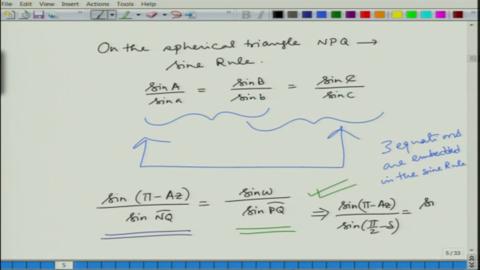And here we have sin omega divided by sin theta z. So, the curve PQ makes an angle theta z, the zenith angle, at the center of the earth, or the center of the sphere on which we are considering the spherical triangle.